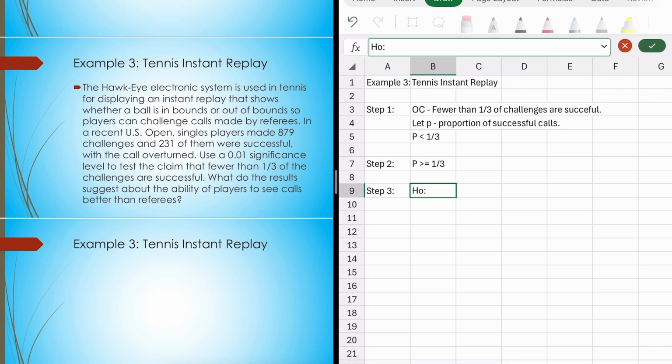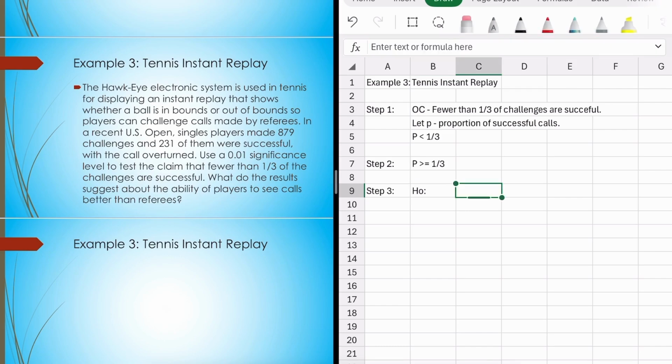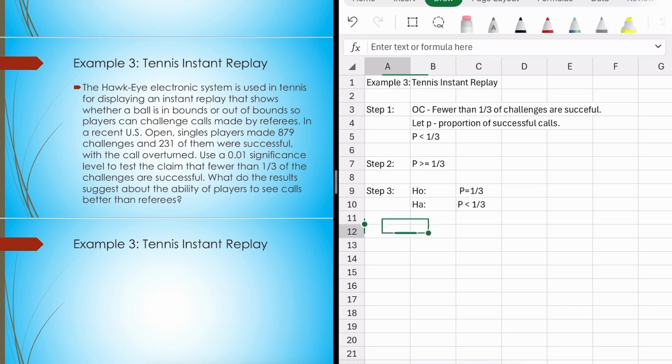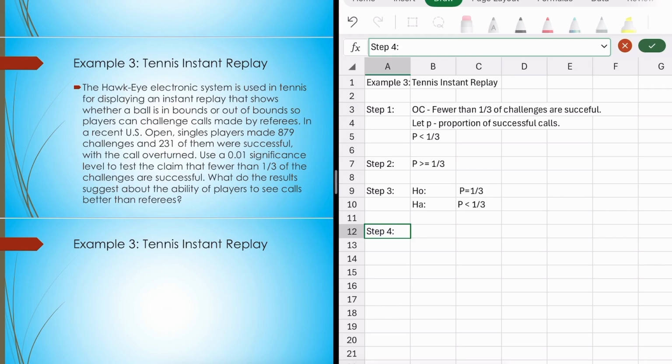The null hypothesis has equality, the negation of the original claim. So that's P equals 1/3. The alternative hypothesis, P is less than 1/3, which is the original claim. Step 4 is the level of significance, 0.01.